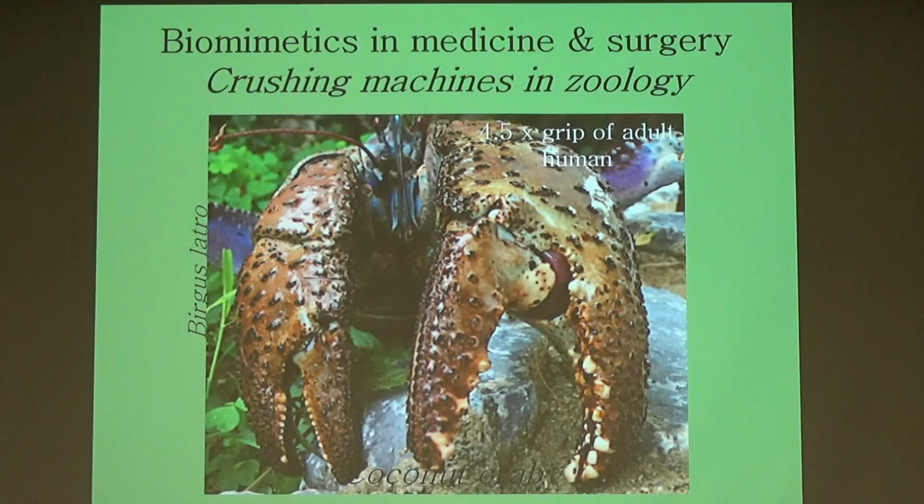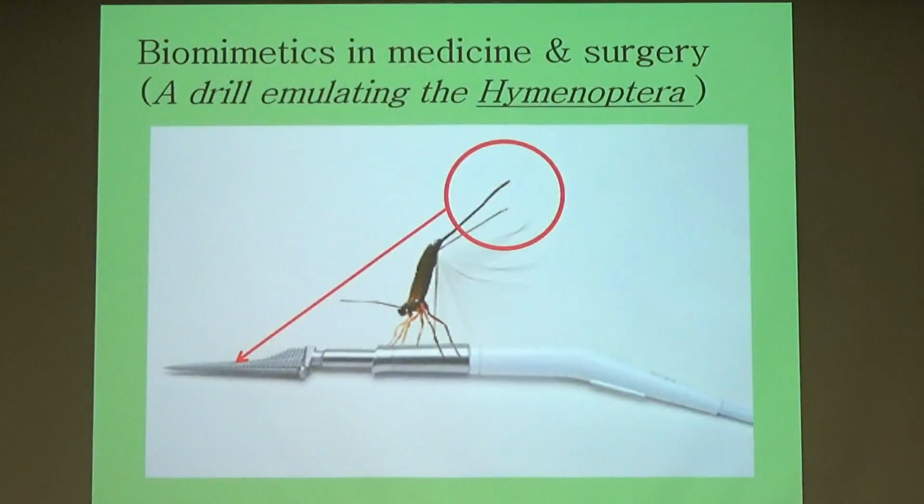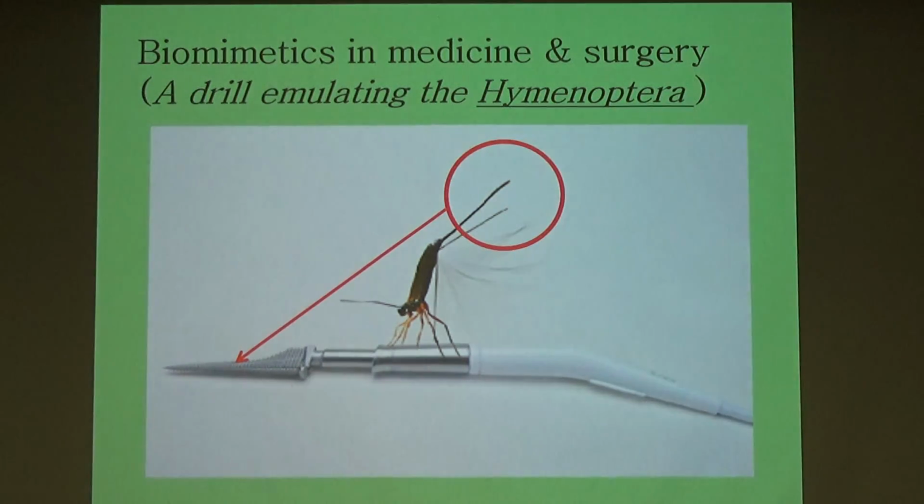There's crushing machines for crushing certain tissues, like bone tissue. Looking at some organisms with very good crushing devices. So this is a coconut crab. It has a very strong grip and is able to crush materials. And this one has actually been made into a tool that's been used in certain surgeries.